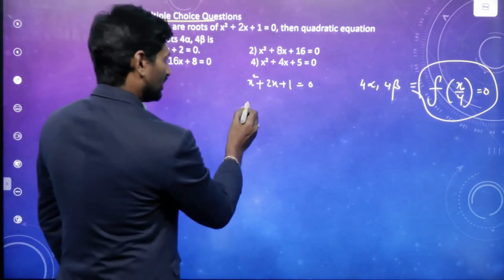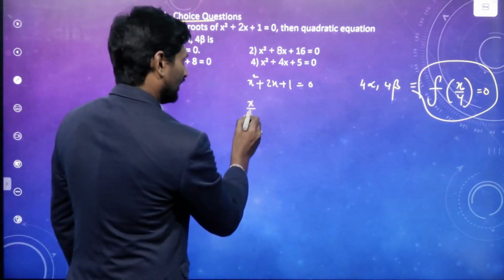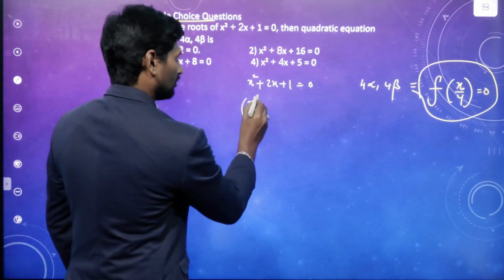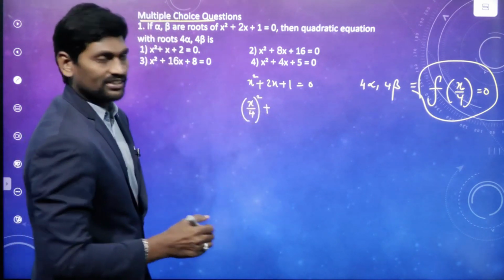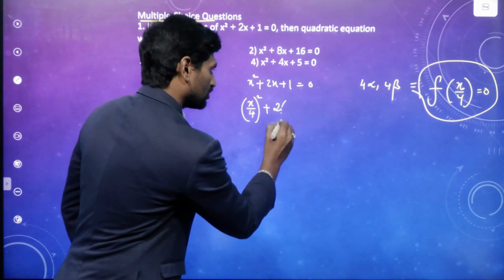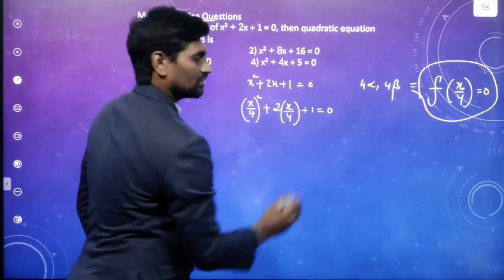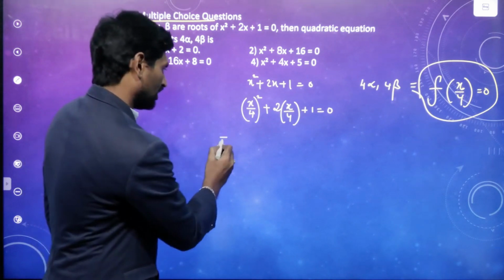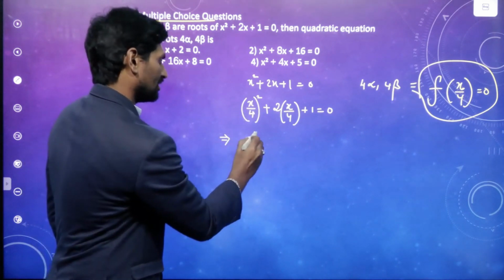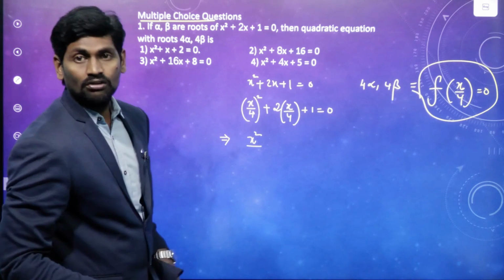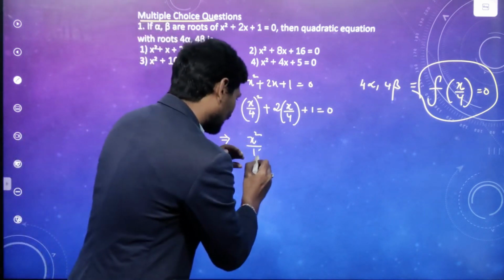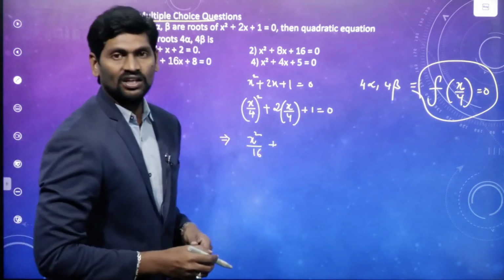Let us substitute here. In the place of x, substitute x by 4 whole square plus 2 into x by 4 plus 1 equal to 0. Simplify this. Squaring of x, x square. Square of 4, 4 fours are 16. Okay, na?